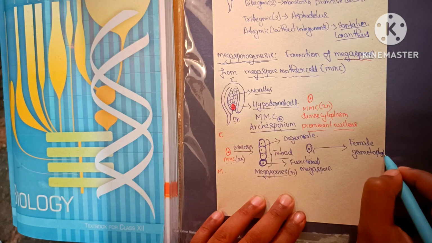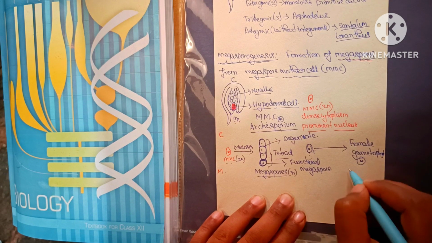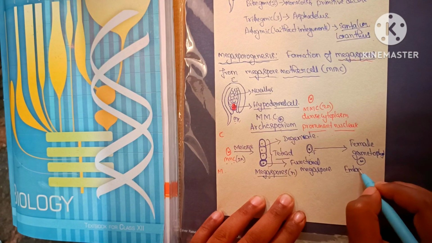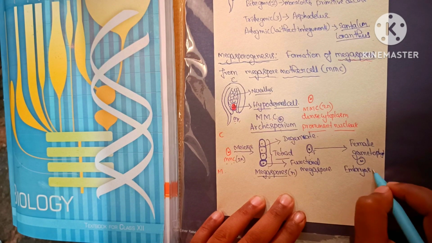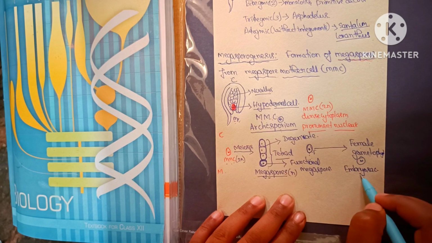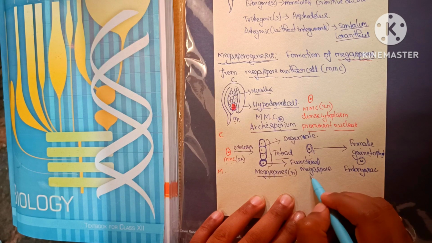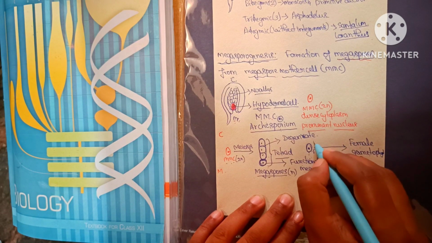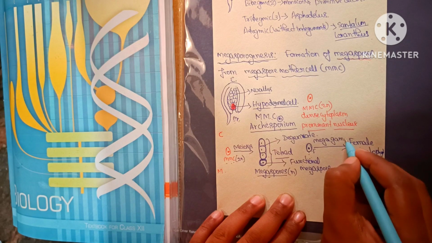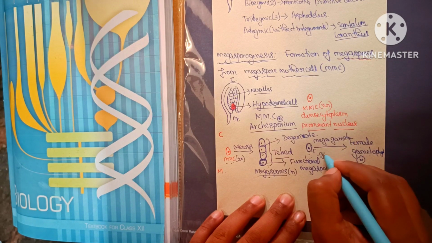Gametophyte, or the other name for female gametophyte, is embryo sac. And this process of formation of female gametophyte or embryo sac from the functional megaspore is called megagametogenesis.